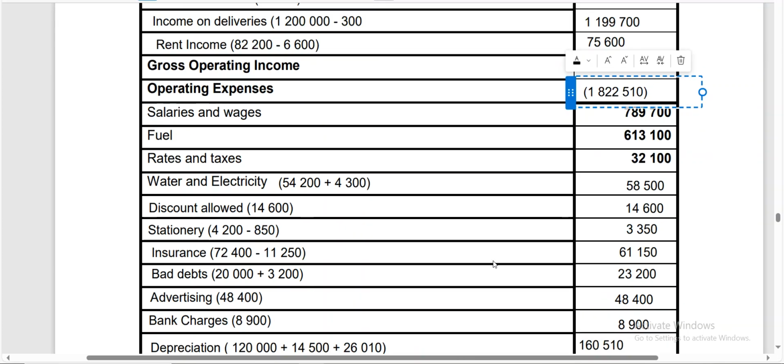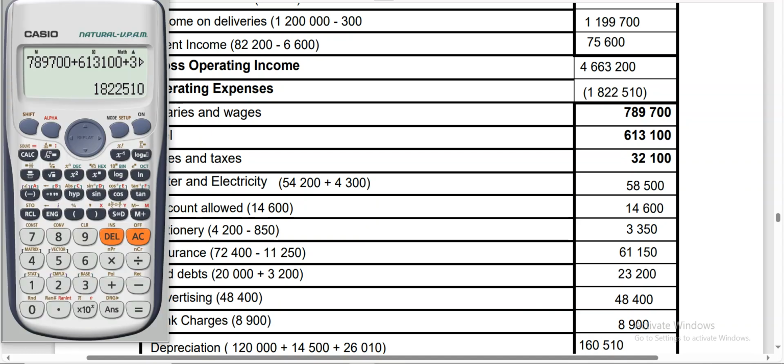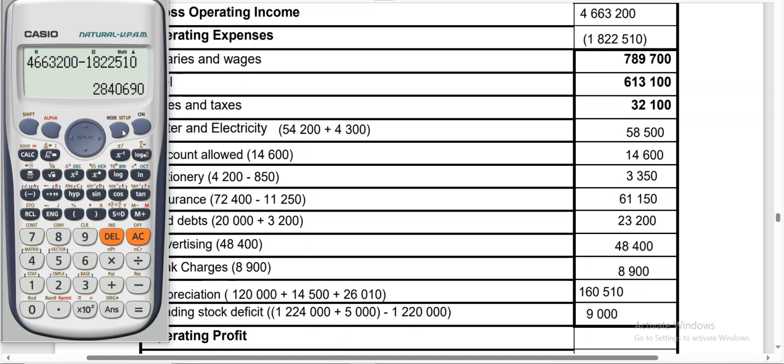So let's check our operating profit, how much it will be. So if we say 4,663,200, then we say minus 1,822,510. It is going to give us 2,840,690.